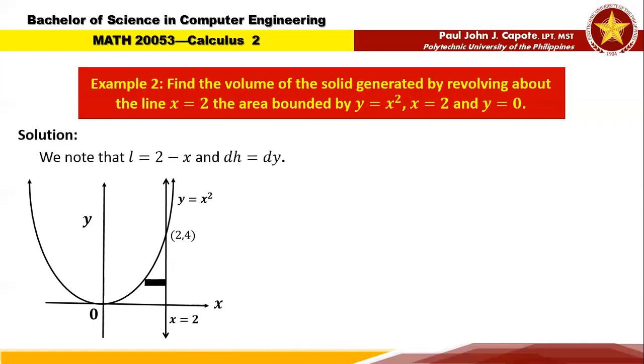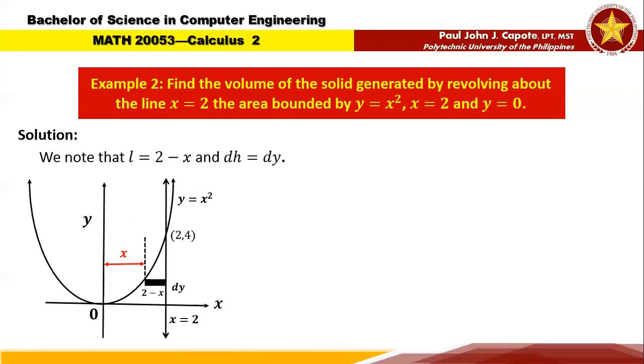Draw the rectangular element. Note that the length of the rectangle is 2 minus x because the distance of the right end to the y-axis is 2 units and the distance of the left end to the y-axis is x.